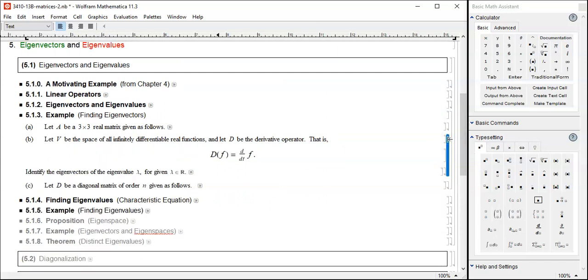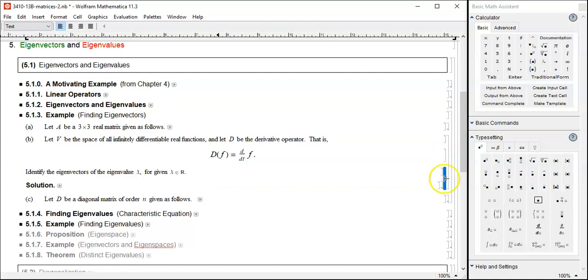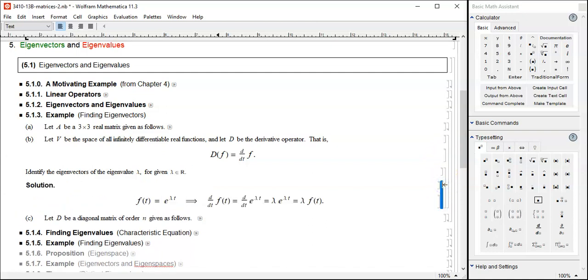Let V be the space of all infinitely differentiable real functions, and let D be the derivative operator. And what is the eigenvector associated to eigenvalue lambda? Here's the answer: e to the lambda t power. By the way, that's why we made that educated guess early on in that motivating example with the exponential function.